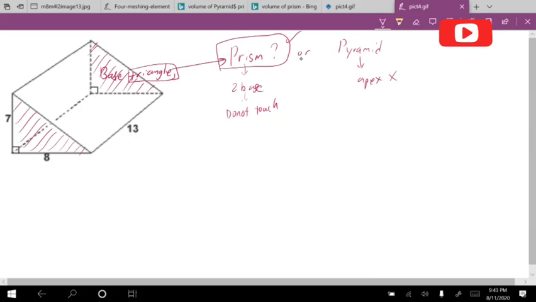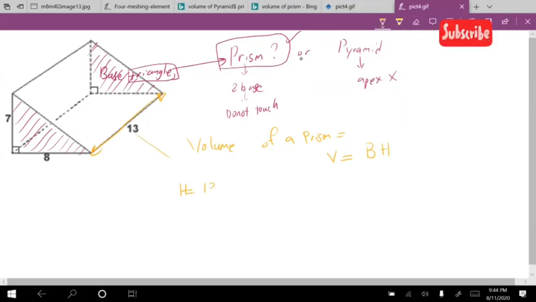So we're trying to find the volume. Let's find the volume of this. The volume of a prism is V equals area of the base times the height. Remember, the height is the distance between the two bases. So our height will be 13.